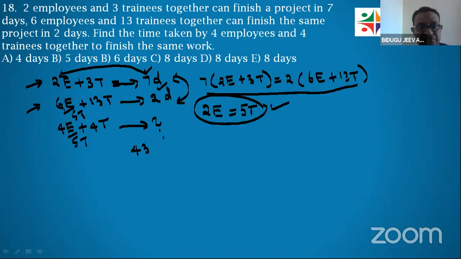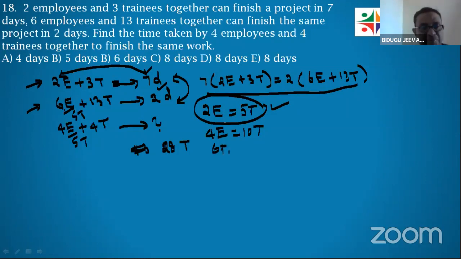Is it clear, all of you? 2e, I'm writing 2e, that means 15. 15 plus 13, how much? 28t. See here, I'll write directly 2e is 5t. 4e is how much? 10t. 6e is how much? 15t. I'm using 15t here and 10t here.